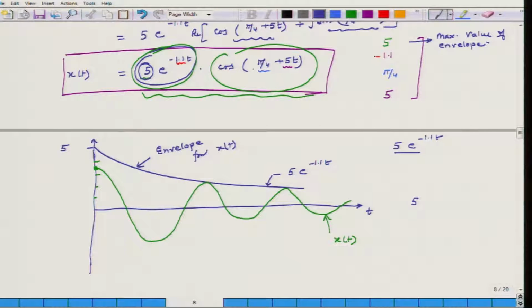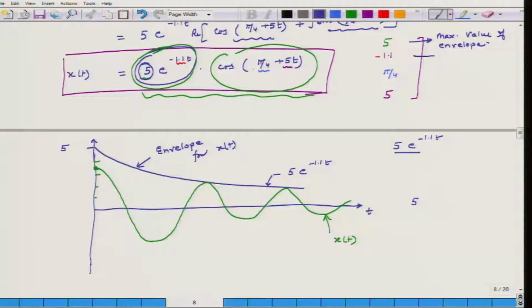Negative 1.1, if it was positive then it would grow, which does not make sense, but in a lot of systems things actually decay with time. So, negative 1.1 is the rate of decay. Suppose I made it minus 2, then this decay would be sharper and so on and so forth, right. So, rate of decay.